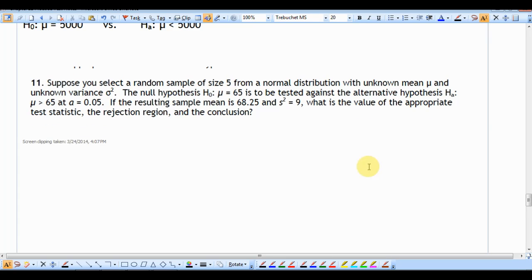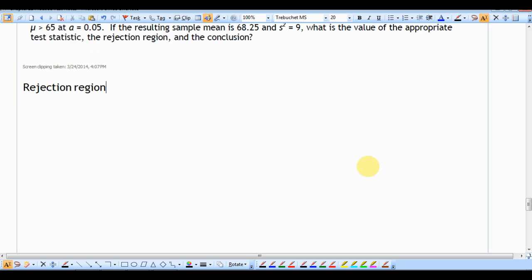Let's start with a test statistic. No, let's start with a rejection region. Okay, so for the rejection region, I would recommend you draw it out. Let's draw a T-curve. Here's our T-curve. I should plug in the tablet if I'm going to draw. Is my technology that messed up?